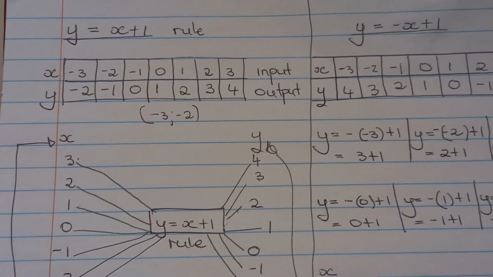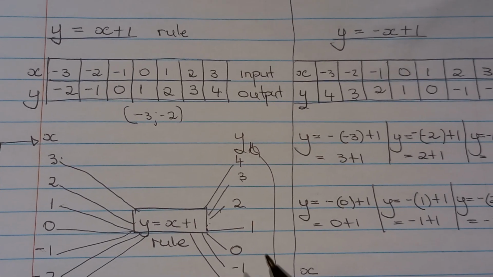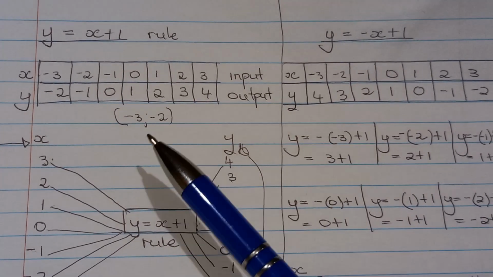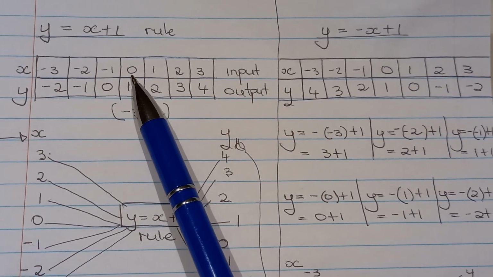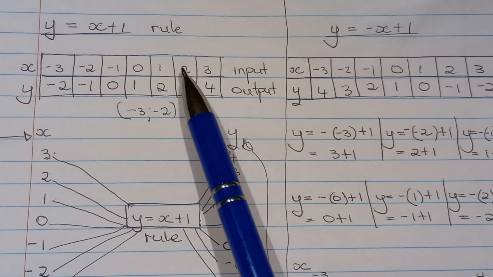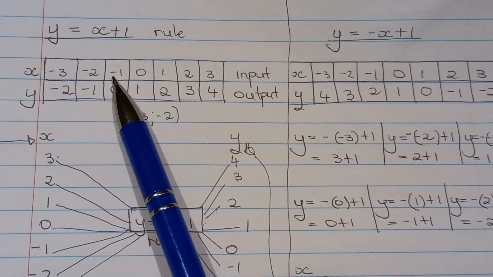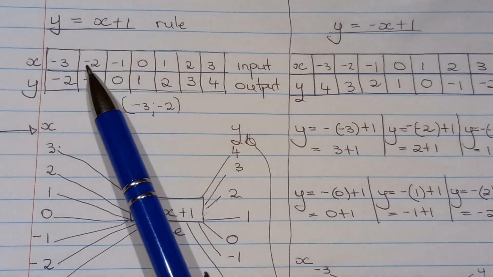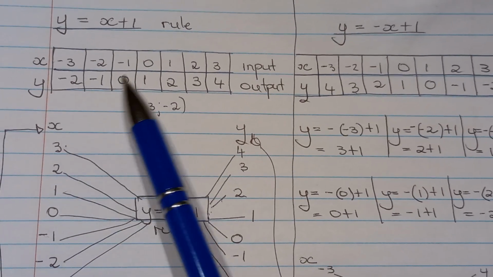Ingagcwala i-page lento la. But until you understand lento yama rules, please use this table where you start in the middle and have 1, 2, 3 as your positive numbers, and have -1, -2, -3 as your negative numbers.